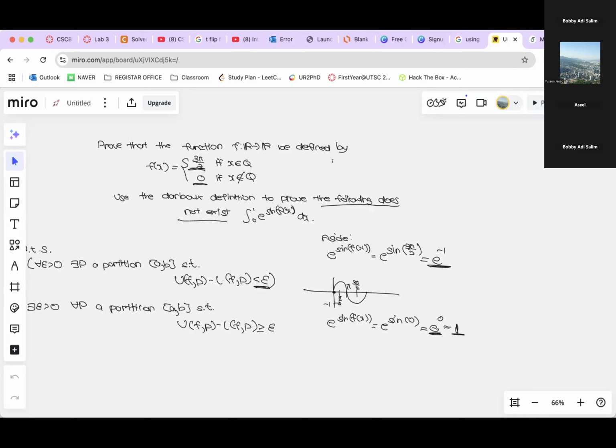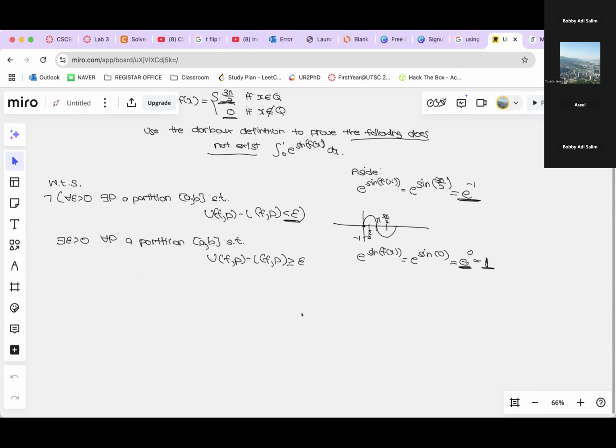Greater than or equal to epsilon. So we start with the statement of all the Darboux integrals, which is: let P equals xi. You should write this or else she will deduct a mark for sure.